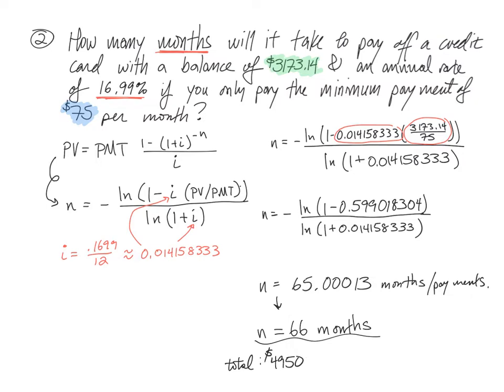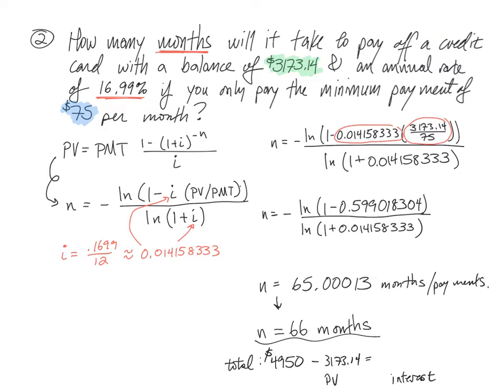Well, that was a lot of extra money that you paid for the $3,173.14 balance. That's the total amount, which means you could take the total amount and subtract your present value, 3173.14, to figure out how much interest you paid. And at this point, I think I would rather cry than explain to you how much interest you paid.